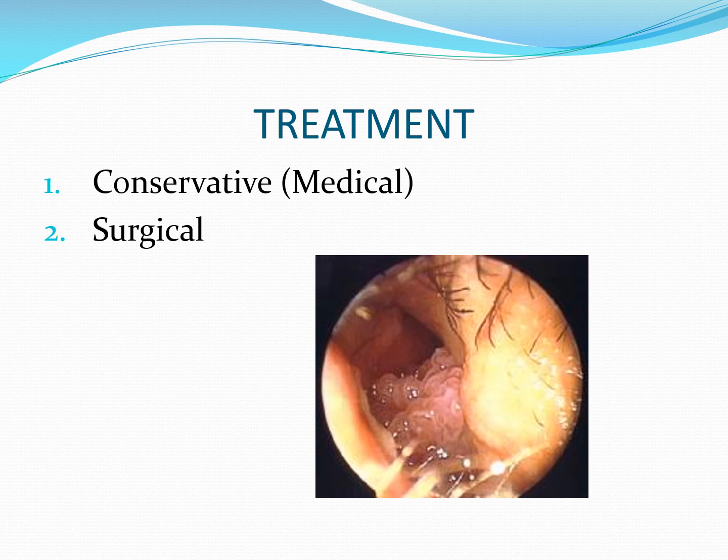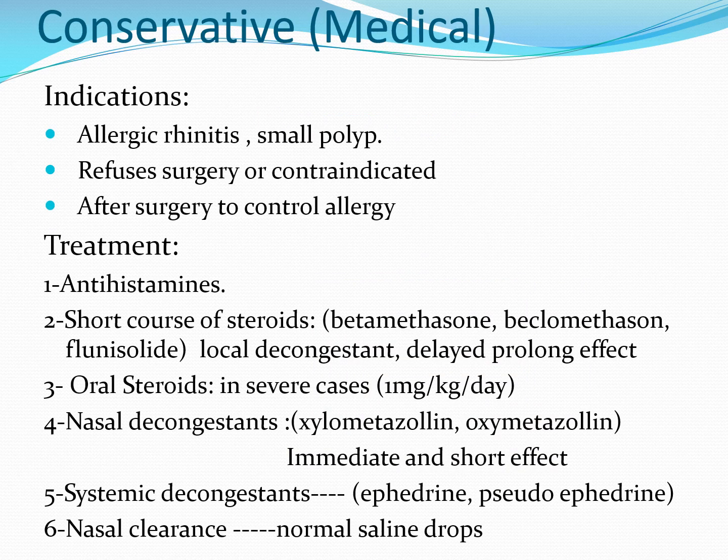So in cases of allergic polyp, you will treat the allergy with the help of medicines, and you will remove the polyp with the help of surgery. So indications of medical treatment: if there is allergic rhinitis, allergic rhinosinusitis, and the polyps are small in nature, you can give medical treatment and polyp will regress in size.